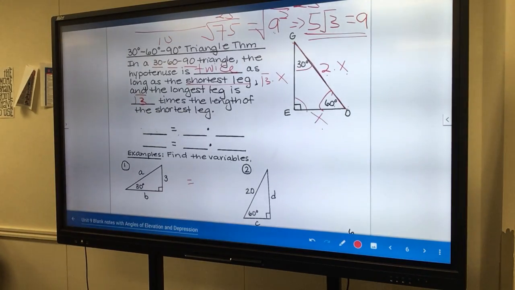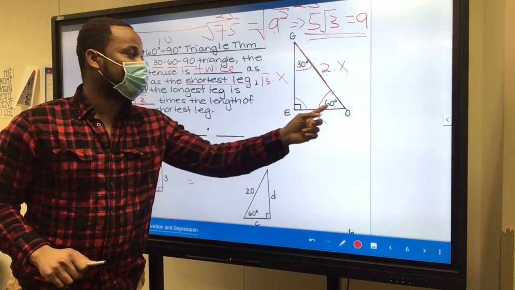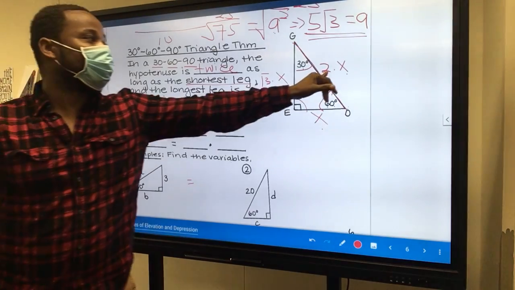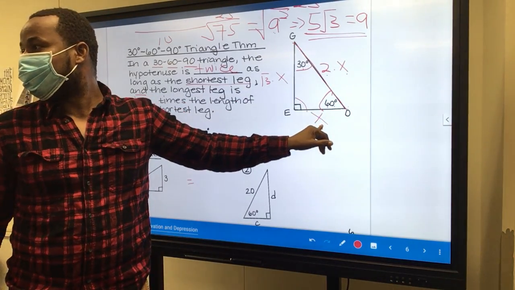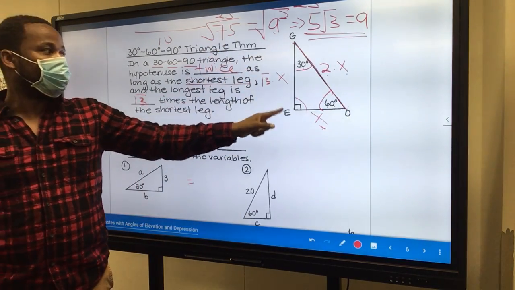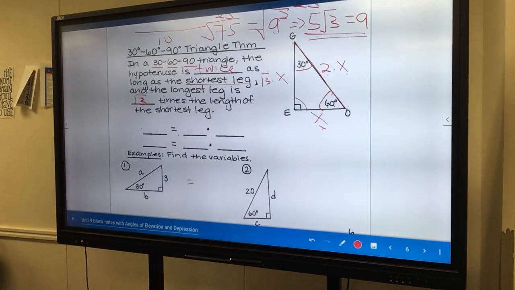So when you see the triangle and you can figure out that it is 30, 60, 90, then you should know that the hypotenuse is just 2 times the shortest leg, and the other side is just √3 times x. Alright? That's all. Now, how do we represent that in a mathematical form?